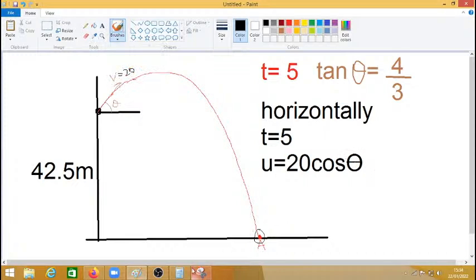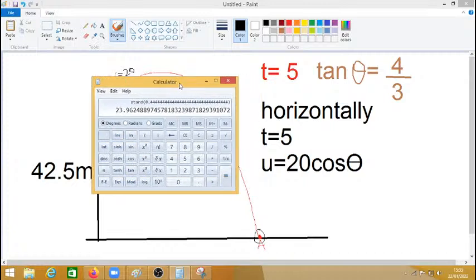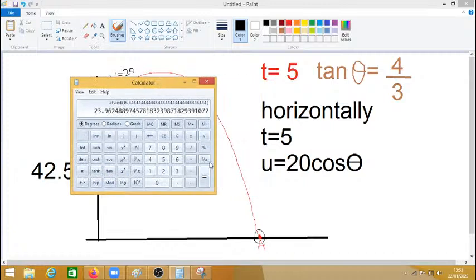20 cos theta. So first we start with 4 divided by 3. Inverse tan. So your angle is 23.96. Let's now apply the cos. Okay, something's gone wrong there. Let me just start again. So 4 divided by 3. Inverse tan.